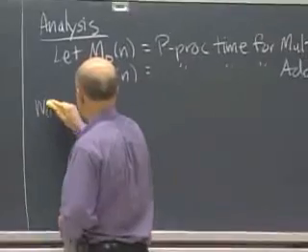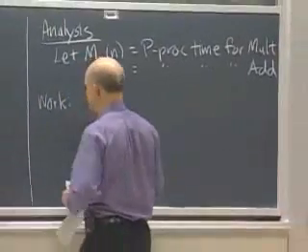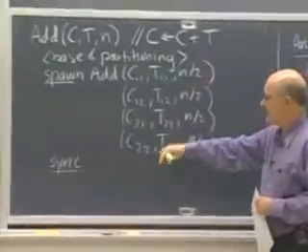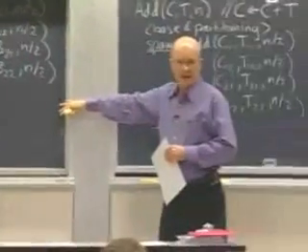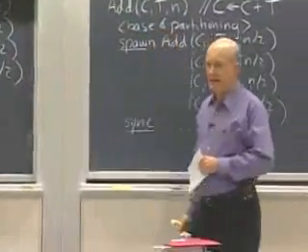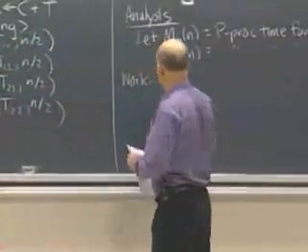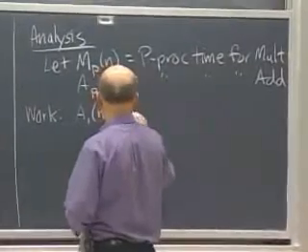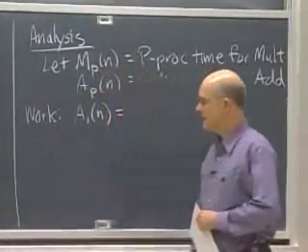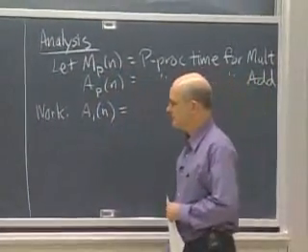So let's analyze the work. Since we have a subroutine for add that we're using in the multiply code, we'll start by analyzing the add. So we have A1 of n, is, well, can somebody give me a recurrence here?